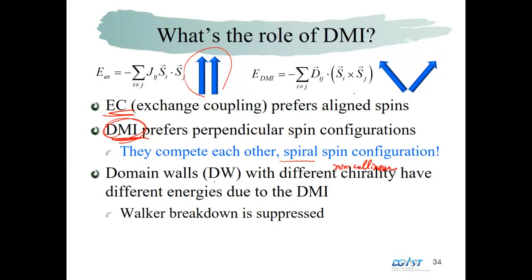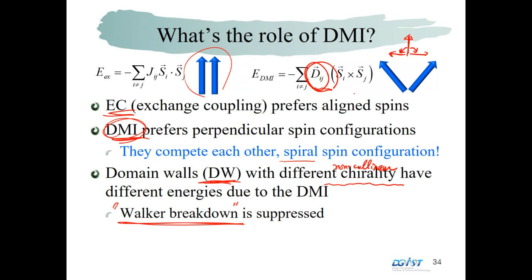Okay, and also in a domain wall, for example here, if we have one spin here, depending on the sign of D, the next spin prefers this direction or this direction. So that means the neighboring spins prefer this direction of rotation or the other direction, called the chirality. So the important thing is, in domain motion, this preferred chirality can suppress the Walker breakdown.